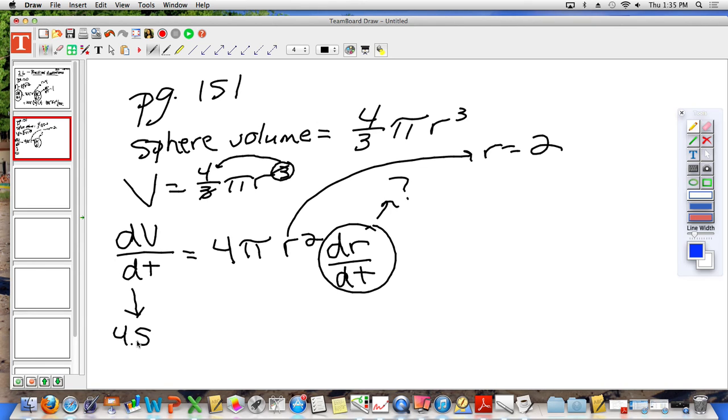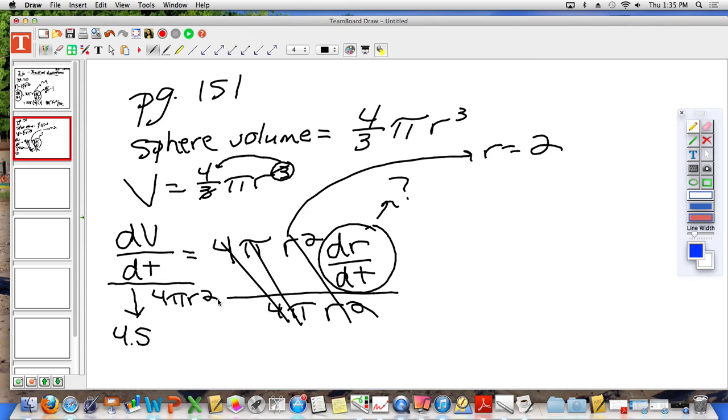So I need to isolate dr/dt, which means I have to divide by 4 pi r squared. 4 pi r squared cancels out. You okay? No. Okay, then go get a drink, whatever you need to do. This is what we're doing. To find dr/dt, I need to take dV/dt and divide it by 4 pi r squared.